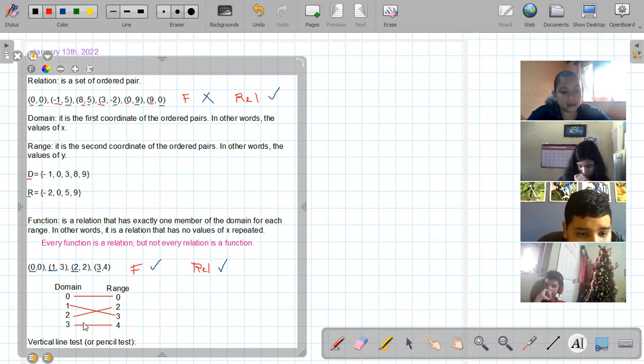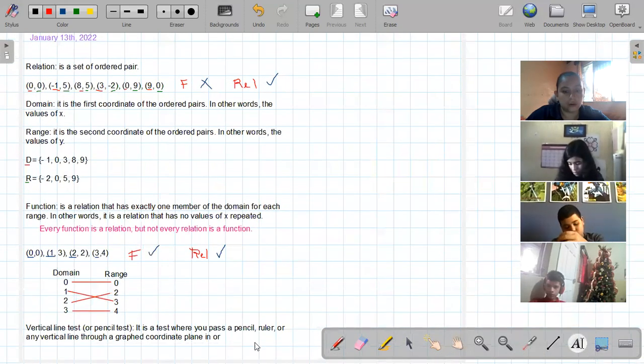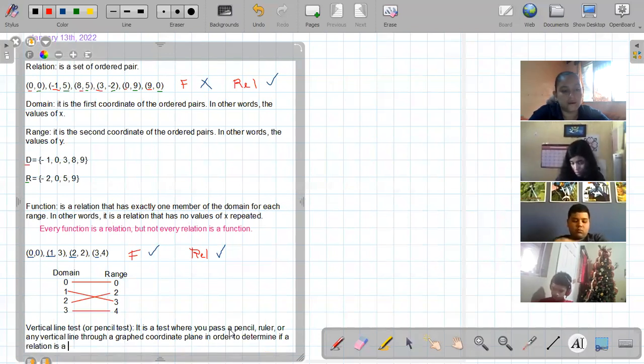This is a test where you pass a pencil, a ruler, or any vertical line through a graph coordinate plane in order to determine if a relation is a function.